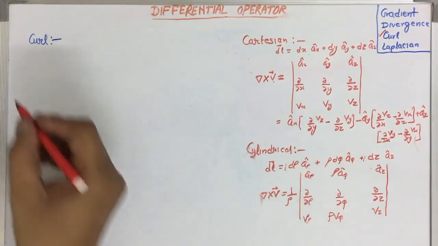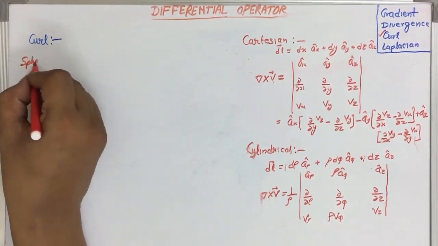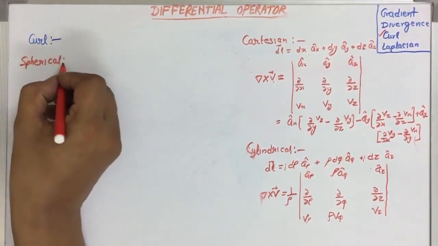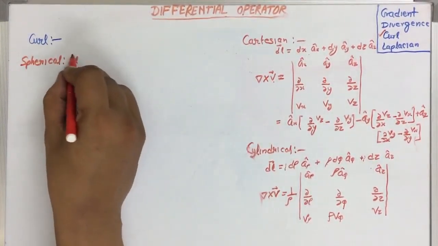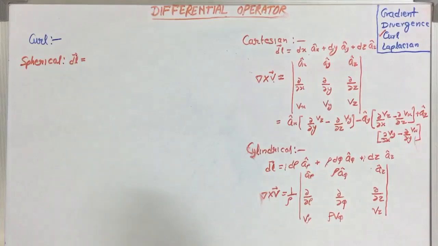Now in a spherical coordinate system, again start by writing the differential length, and hopefully you can remember this.